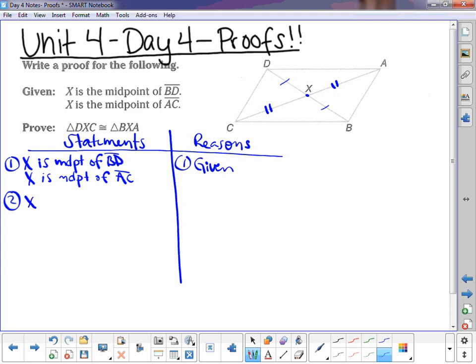So we have XD is congruent to BX, and we have CX is congruent to XA. Notice they're not necessarily congruent to each other, but those two sets are congruent. And what would be my reasoning for that? Good. Definition of midpoint. We translated what it meant to be a midpoint by using that definition.